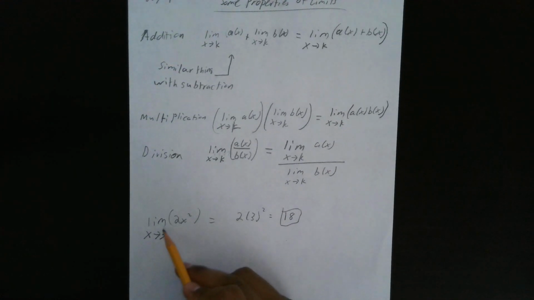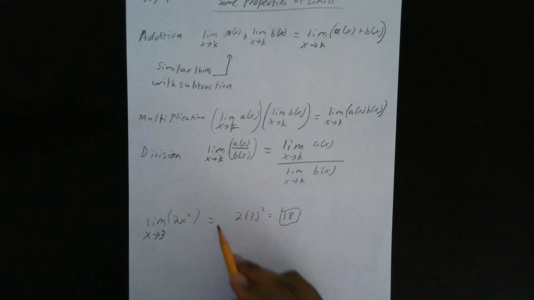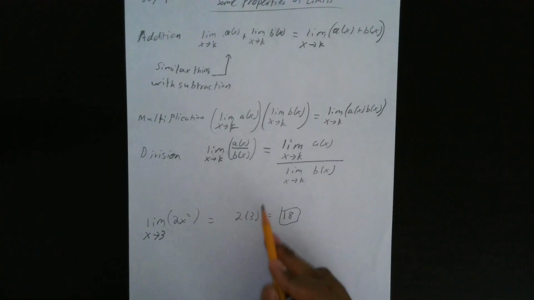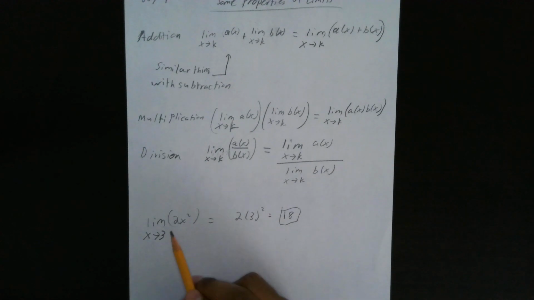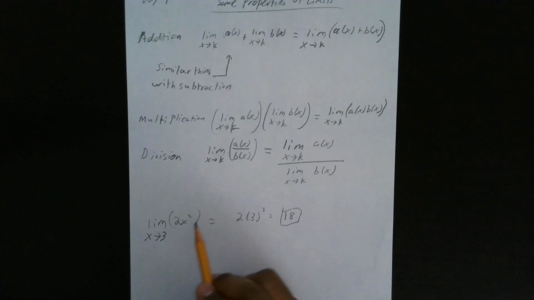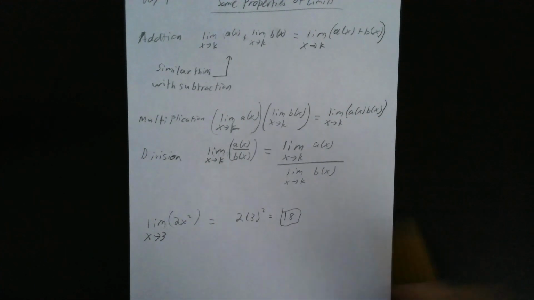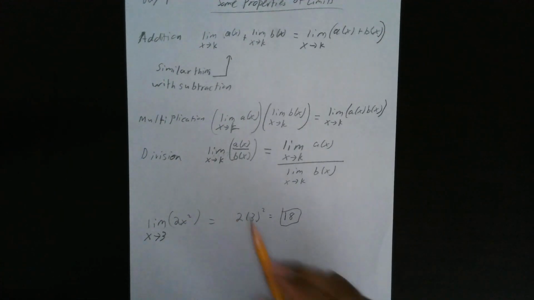So for example, the limit as x approaches 3 of 2x squared is equal to 2 times 3 squared. That's 18. So for the most part, as long as a function is continuous and there's no strange behavior as we approach the limit, you can simply just plug in. So just remember that.